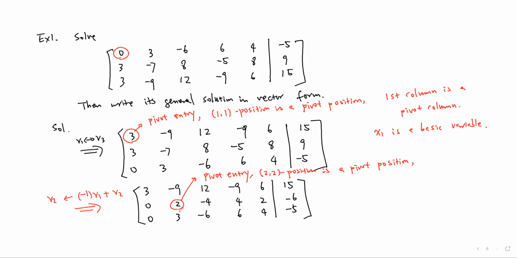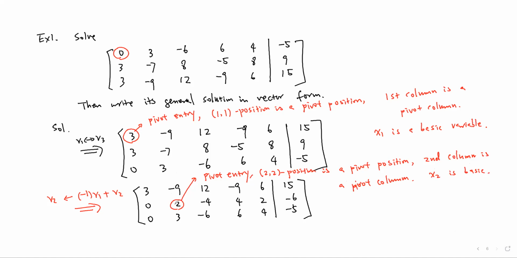The second column contains a pivot position, so the second column is a pivot column. It contains the coefficients of the unknown x2, so x2 is basic.